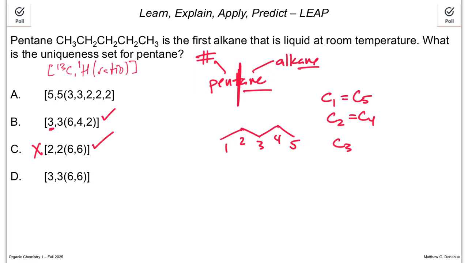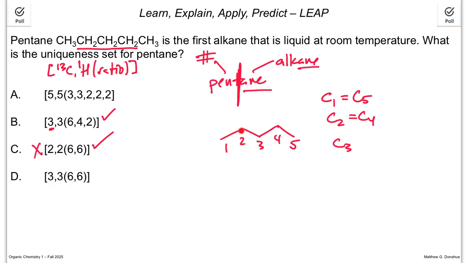So carbons 1 and 5 are equal, 2 and 4 are equal, and 3 is its own thing. The reason C is not correct is because it's lumping 2, 3, and 4 into the same bin. And that is maybe the confusing part, because they're all CH2 groups, but amongst them, they're different. And why is that?